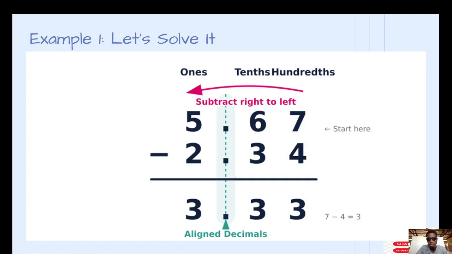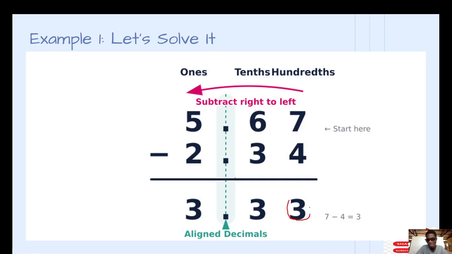And then the next thing to do is to begin with your subtraction when you are done aligning the place values at their respective places. So we have 7 minus 4 as the first place value digit, which is at the hundredth position. 7 minus 4 gives us what? 3.